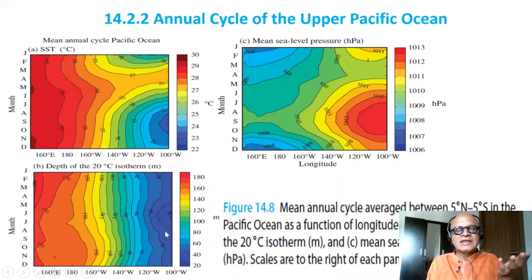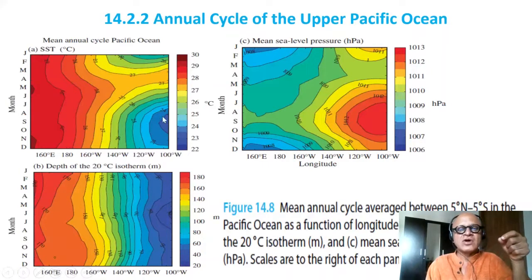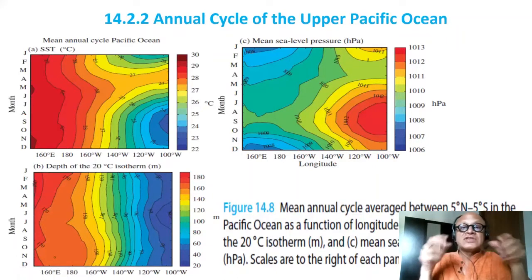But at a seasonal time scale, as the winds get stronger, this upwelling is caused by strong cross-equatorial winds. Those winds also have strong turbulent kinetic energy.